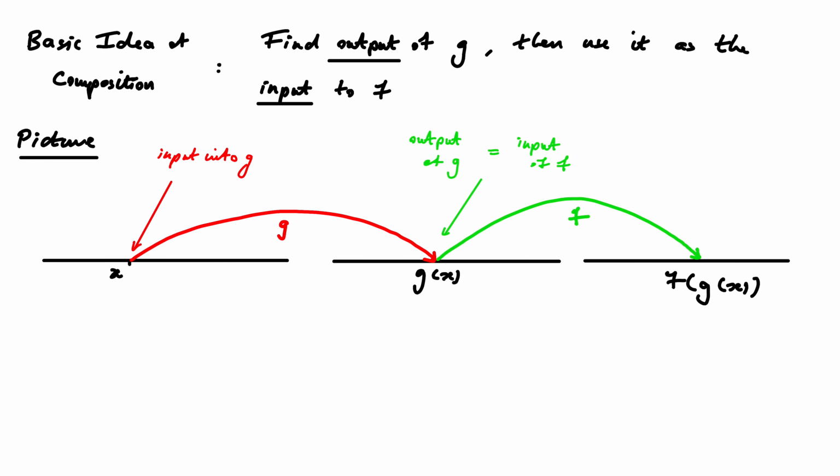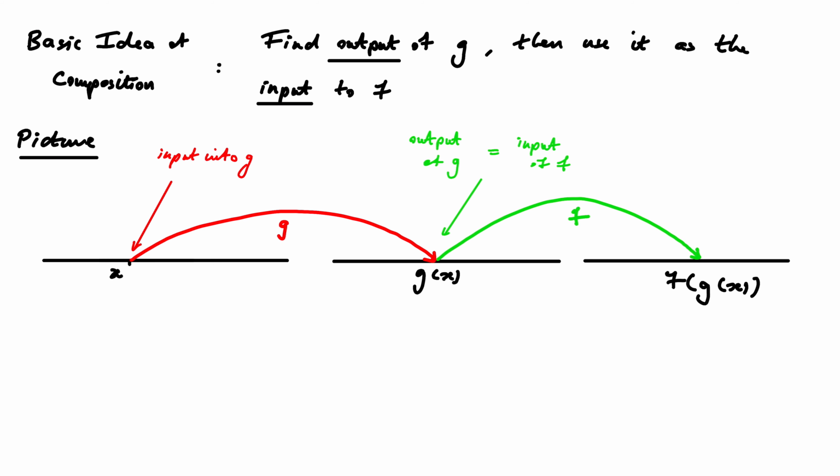Well, now I've constructed a new rule, a new way of assigning an output to an input. So if I start over here, think about x as the overall input, I feed it through g, then I feed that output into f, just like we see here, and that gives me a number. F composed with g is what I'm going to call it. So overall, this defines a new function.